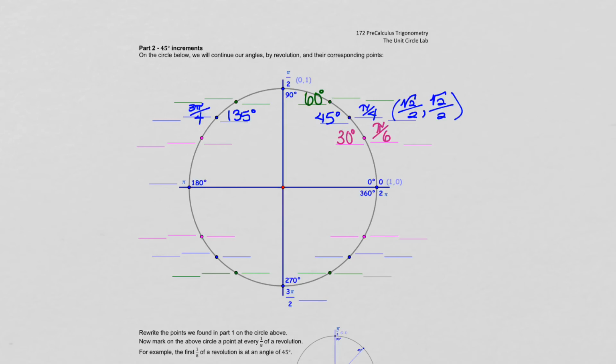Pi over 6 plus pi over 6 gets you 2 pi over 6, or pi over 3. Pi over 3 plus pi over 6 gets you pi over 2. Then take pi over 2, add pi over 6. That's going to get you this number. Whatever that number was, add pi over 6, that's going to get you that number. Another pi over 6 will get you to pi. And then keep adding pi over 6 to get each 30 degrees after that.